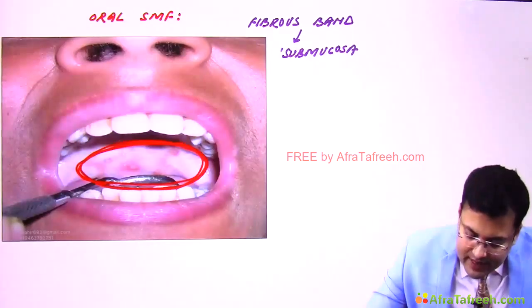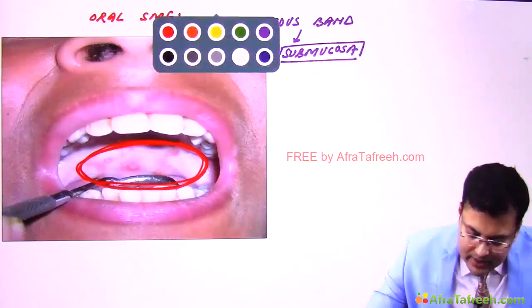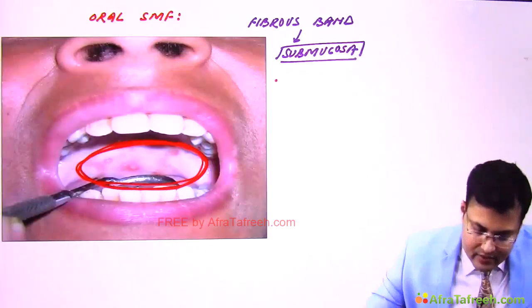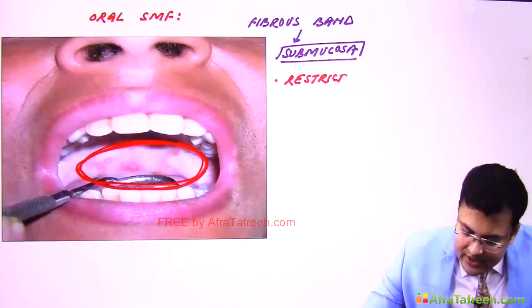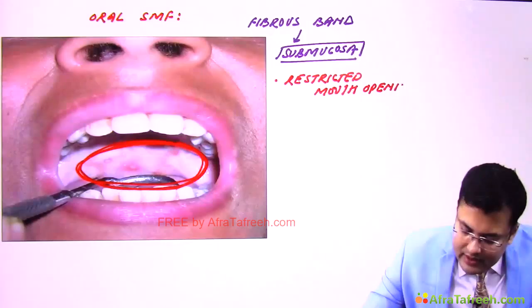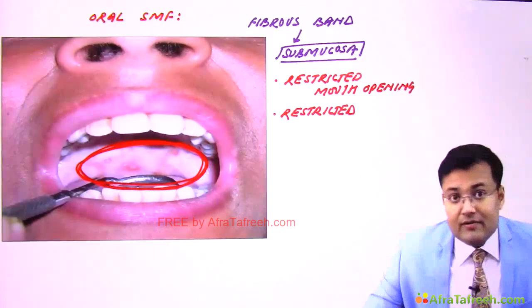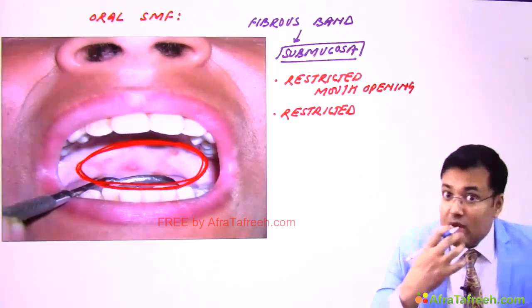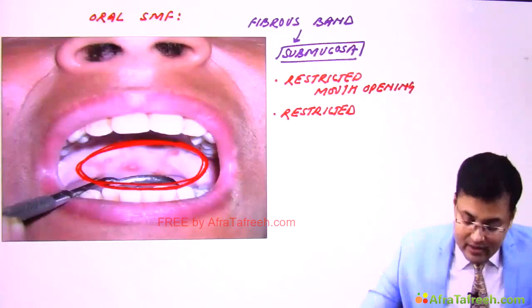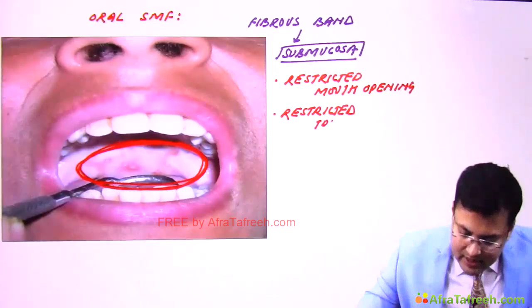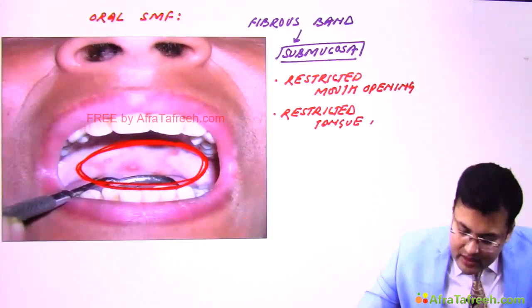And because of this fibrous band, there is restricted mouth opening and restricted tongue movement. Now imagine a female who has restricted mouth opening and restricted tongue movement. You can understand the pain.